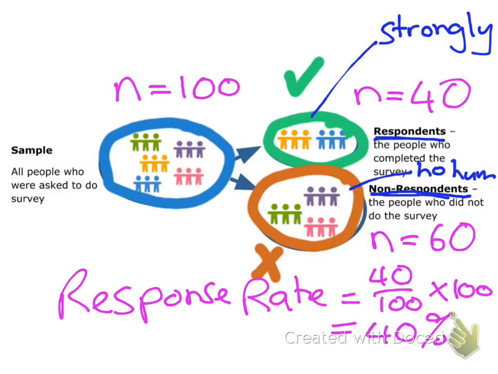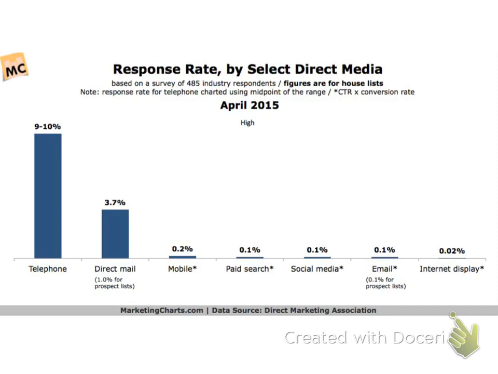The other thing related to this is thinking about how I go about collecting the data. Here's a little graph I've got from the internet which shows an example of some of the response rates depending on the media that I collect the data from.